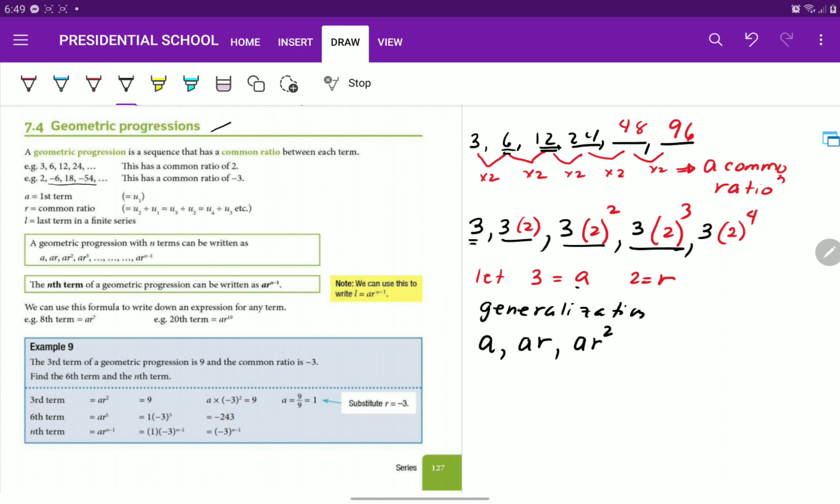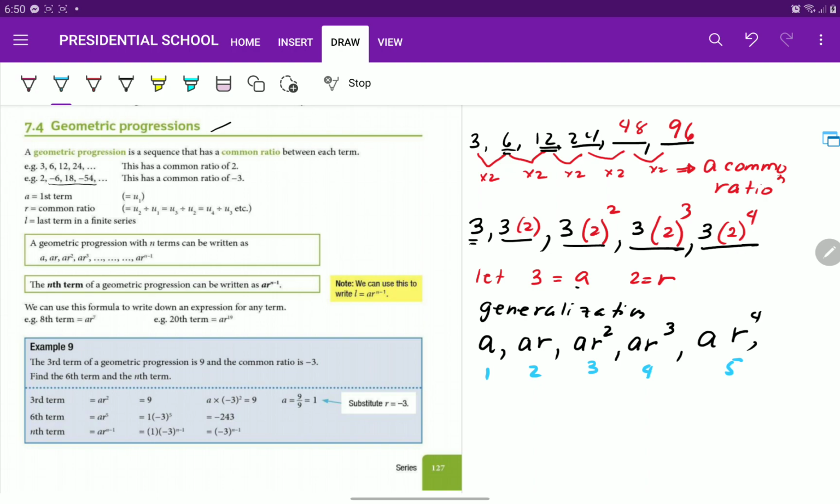The fourth term is AR cubed. The fifth term is AR to the fourth. So this is the first term, the second term, the third term, the fourth term, the fifth term.